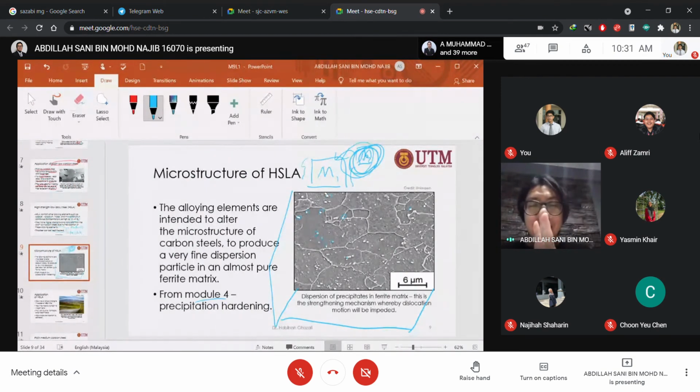But if the solubility limit is exceeded, the composition of the alloying element goes beyond what the matrix crystal structure can accommodate. So this excess of alloying element will form another phase, that is the small precipitate.